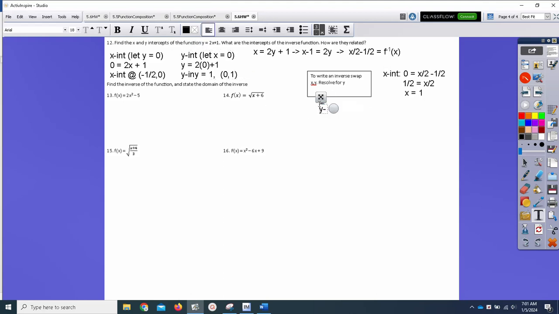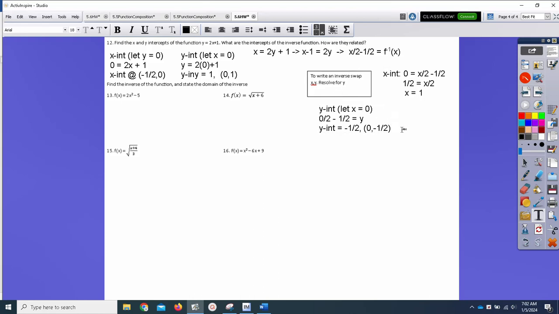All right, time for the y-intercept here. Again, we let x equal 0. So I'm looking at this equation right here. That becomes 0 over 2 minus 1/2 is y. And ta-da, the y-intercept is -1/2 with an ordered pair of 0, -1/2. So look what happened.